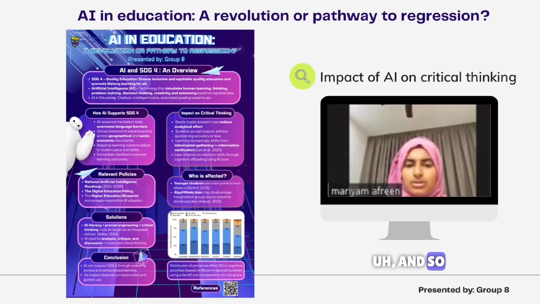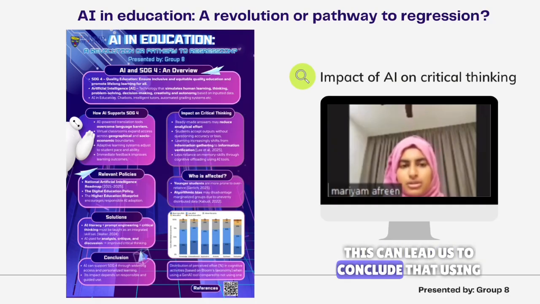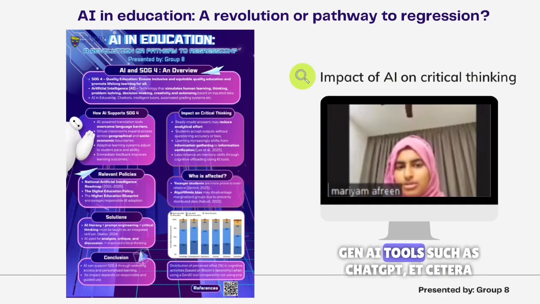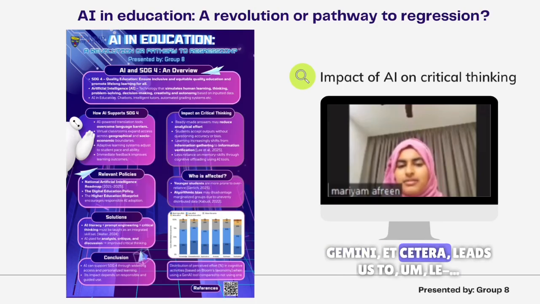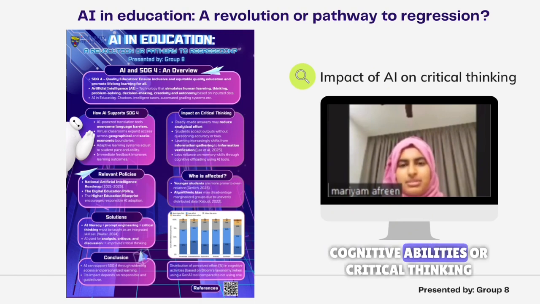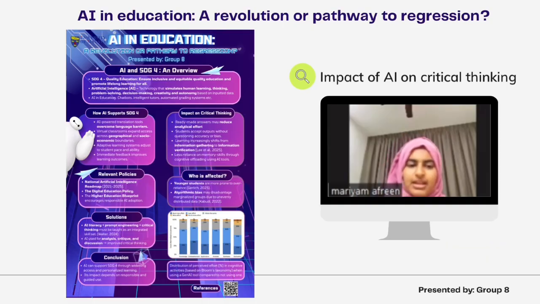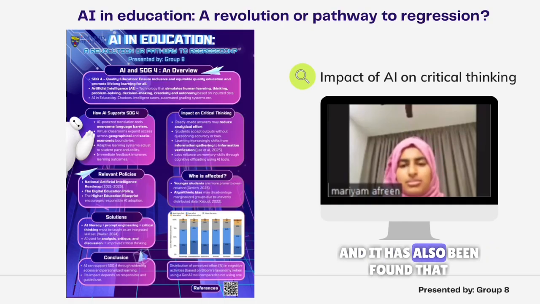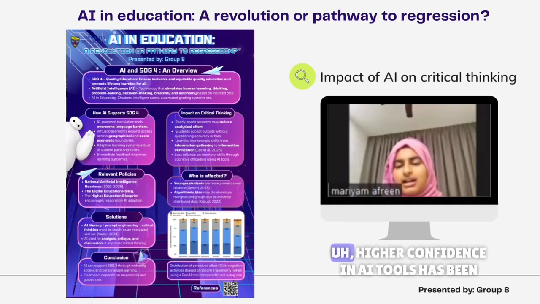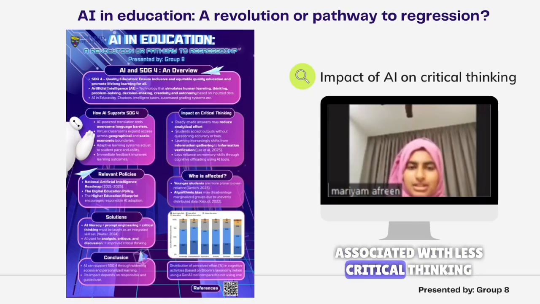And so this can lead us to conclude that using Gen AI tools such as ChatGPT, Gemini, etc., leads us to use our cognitive abilities or critical thinking skills to a much lower extent. And it has also been found that higher confidence in AI tools has been associated with less critical thinking.